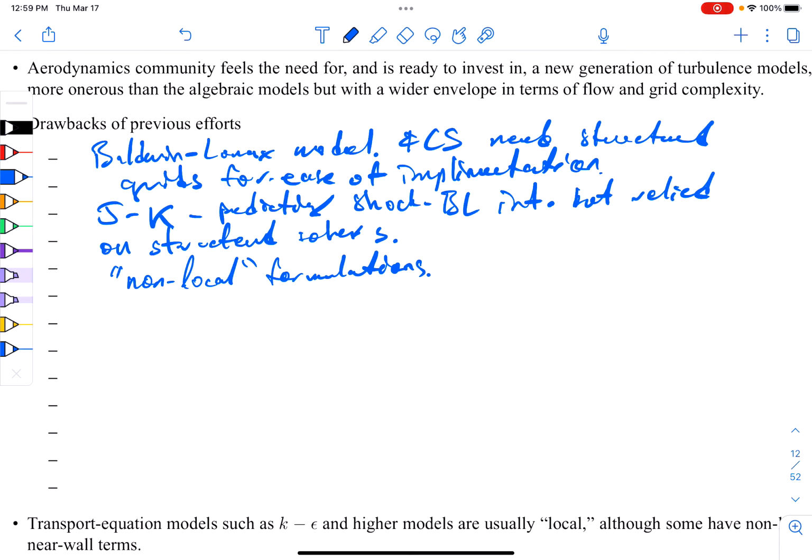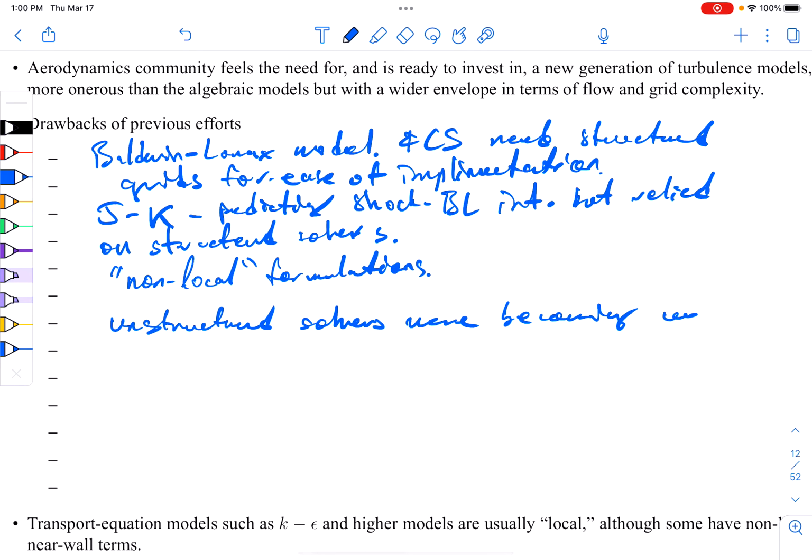It's also shown that unstructured solvers were becoming way more common in the community for the reasons I just noted about complex geometry. And we needed to push these 1 and 2 equation models in that direction.